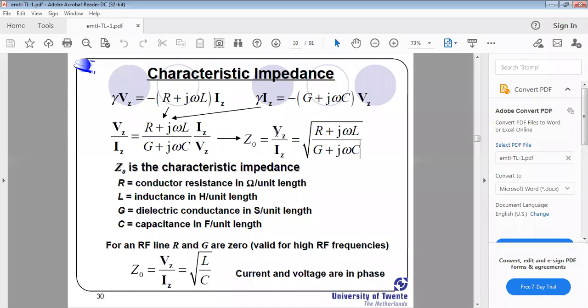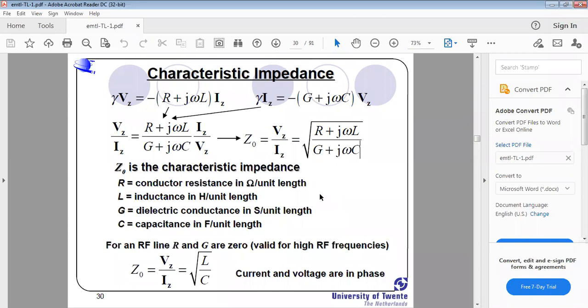Suppose the transmission line is said to be lossless, and the signal is propagating through the transmission line. The signal amplitude at the sending end is the same as the signal amplitude at the destination point.